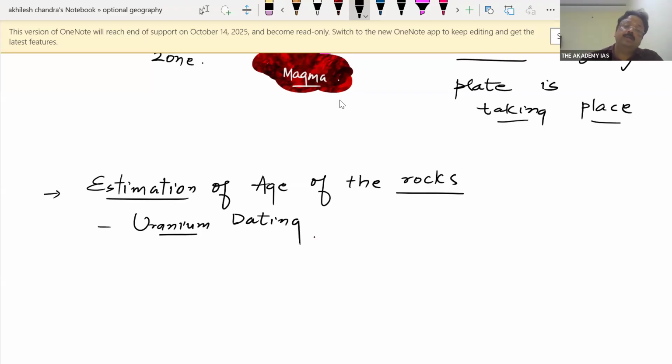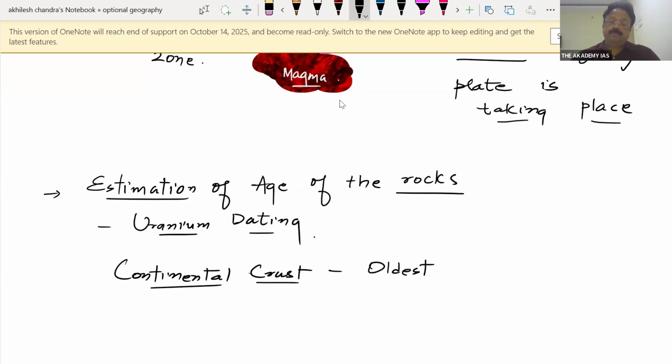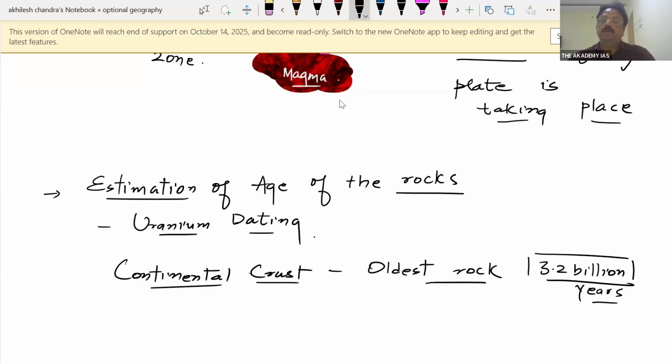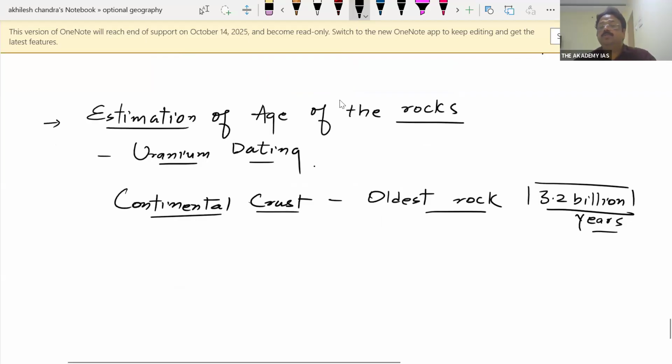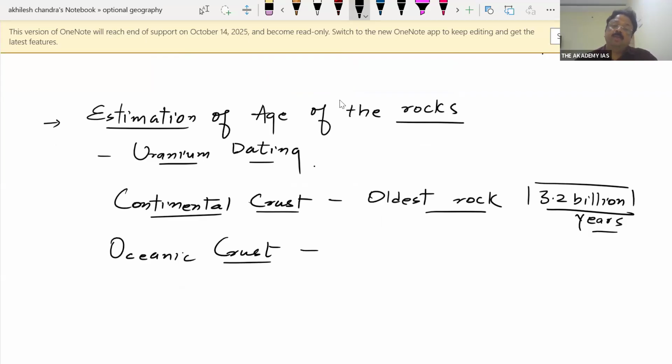What was found is that continental crust has the oldest rock, with an age of 3.2 billion years, while oceanic crust has the oldest rock of just 200 million years.